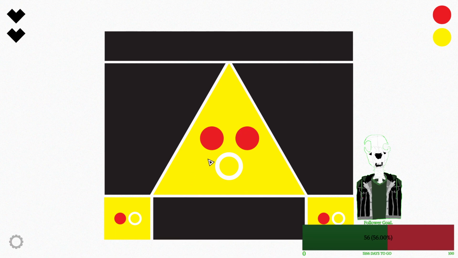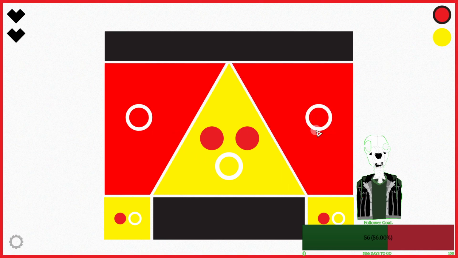So I think how it has to be is these have to be red. Because for these to work and this to be red, both of these would have to be yellow, and that would kill this.